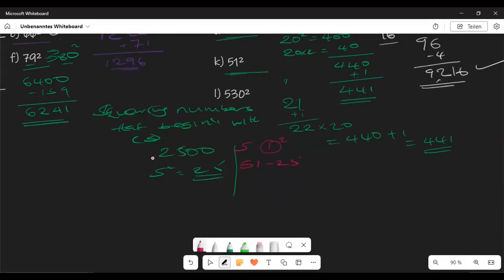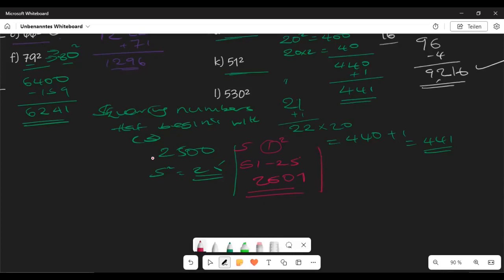And that's going to give you the first part of the answer. 51 minus 25 is going to give you 26. And then we say, what is 1 squared? 1 squared is 1. So because it's less than 10, it's going to remain 01. So just by looking at a number, it's so easy for you to get an answer.